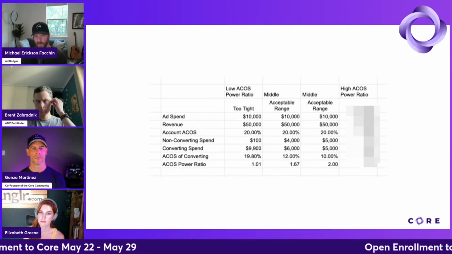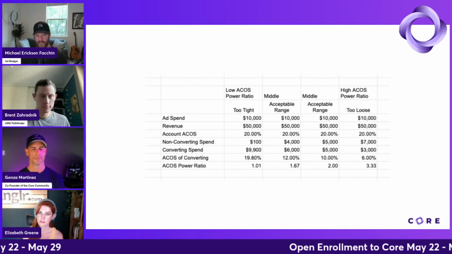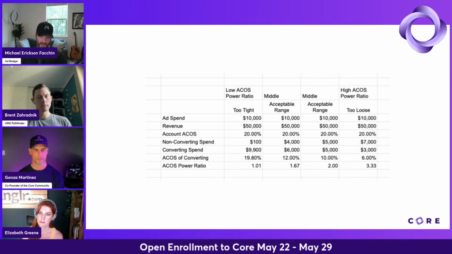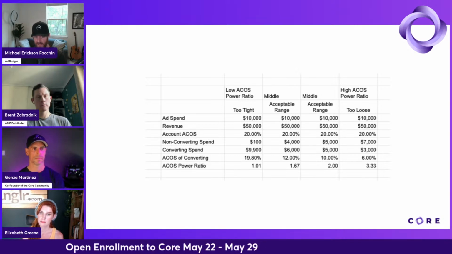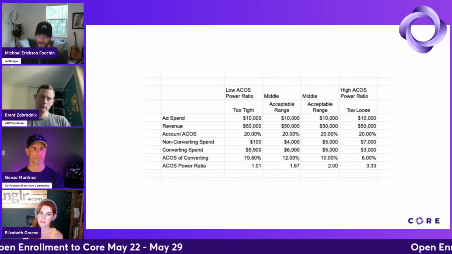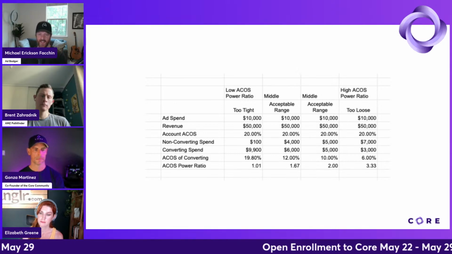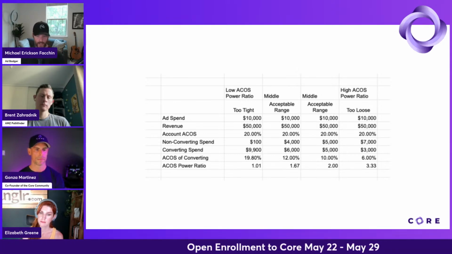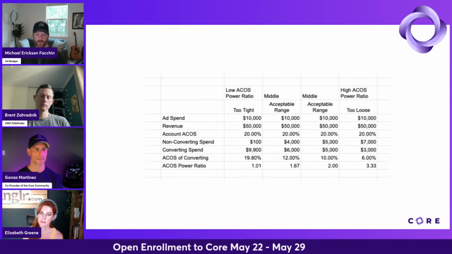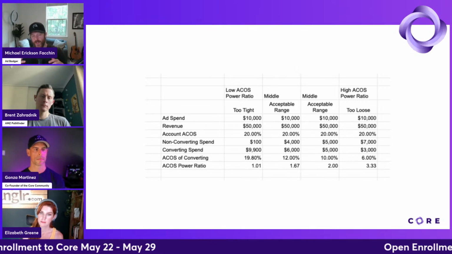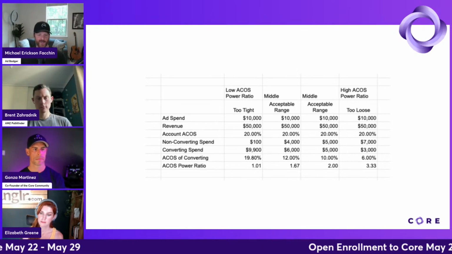If we get a little bit more aggressive, and I'll jump all the way to the right side here to an account that is way too loose, you would not want a scenario like this, where you spend $10,000, you generate $50,000 of revenue, but you had $7,000 of wasted spend, giving you an ACOS Power Ratio of 3. So essentially, the more you spend on non-converting things, the further away this ratio gets from 1.